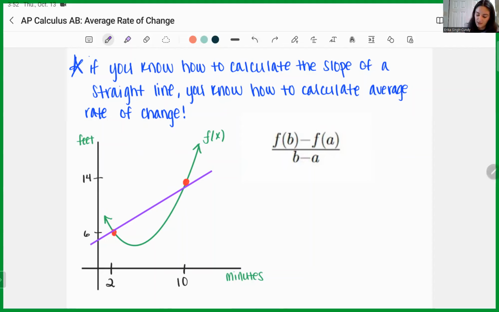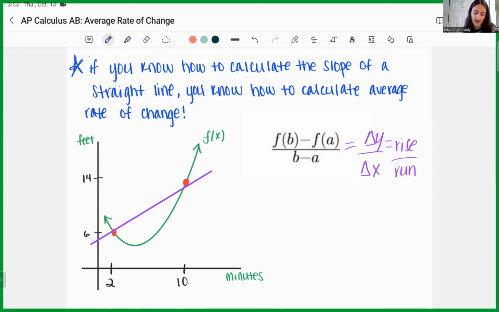So what we're doing is calculating the change in y values and the change in x values. And hopefully that looks really familiar to you as rise over run. This average rate of change formula is just the slope of a straight line. That's the exact same thing. It's just written using a different format, but it means the exact same thing.